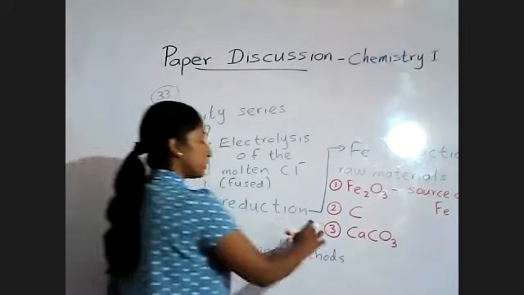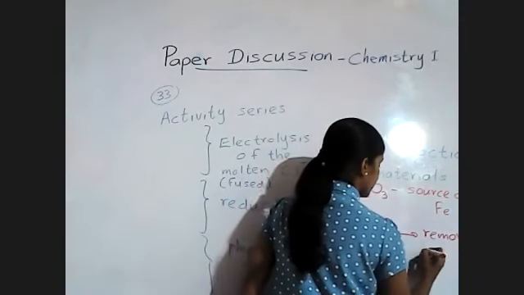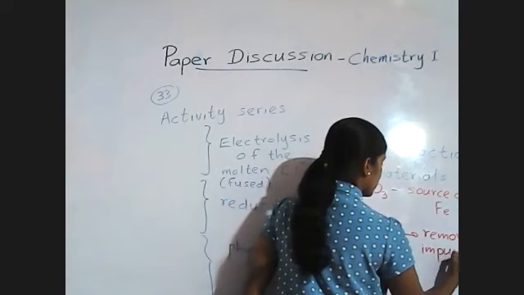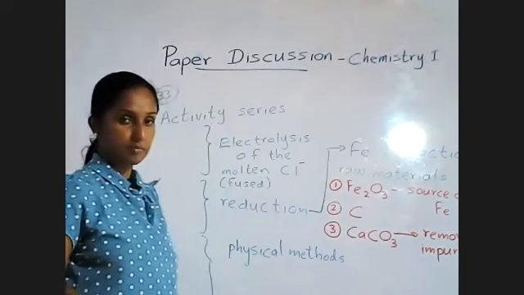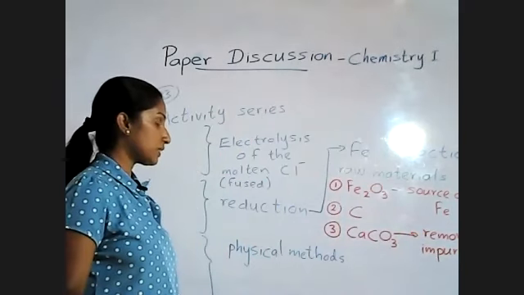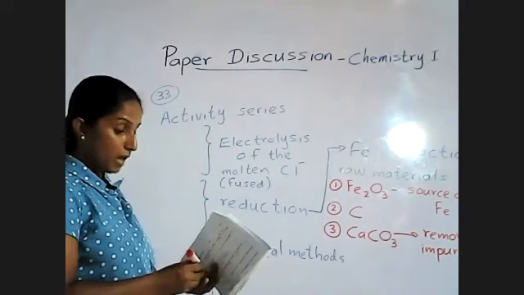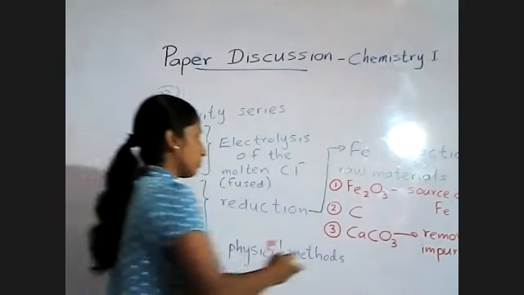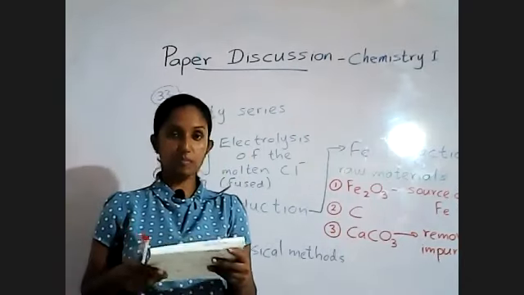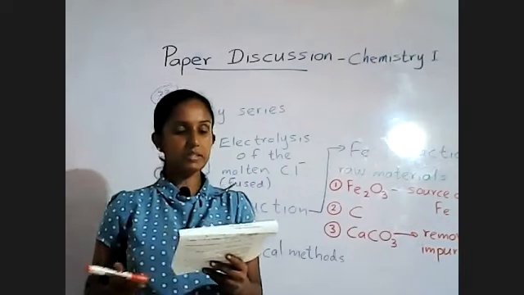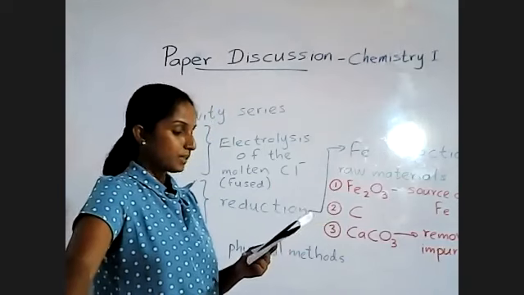We use calcium carbonate to remove impurities, because the impurities form calcium silicate and calcium aluminate. So what is the answer? The third one.